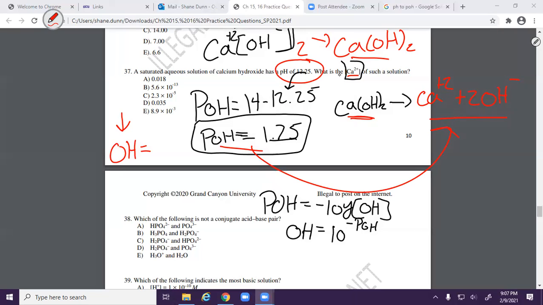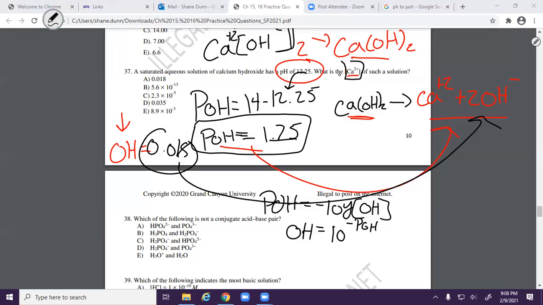Wow, 4 people left. Okay, that's all good. What's up? I don't know. Did everyone else get that? 0.018? Cool. So that's just how many hydroxide ions you make.